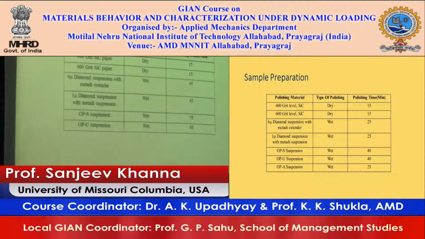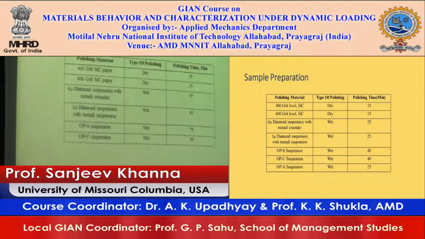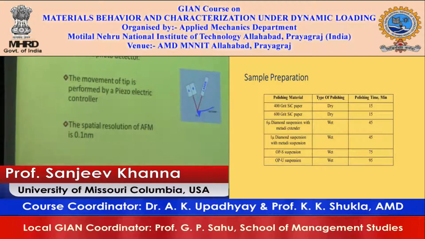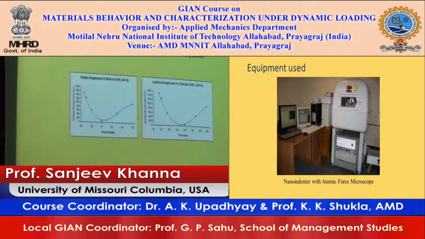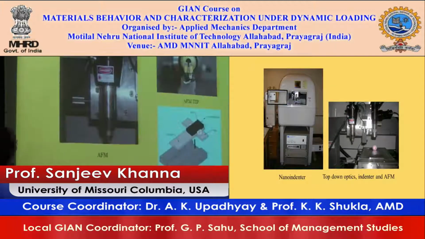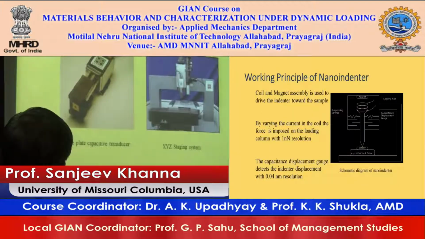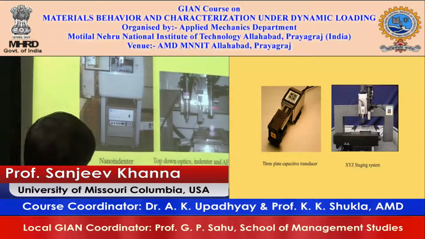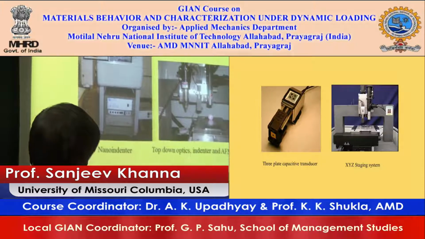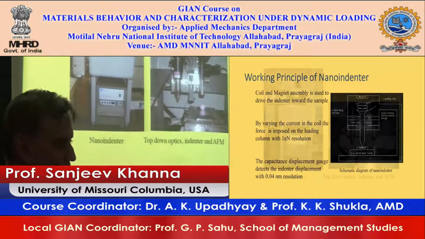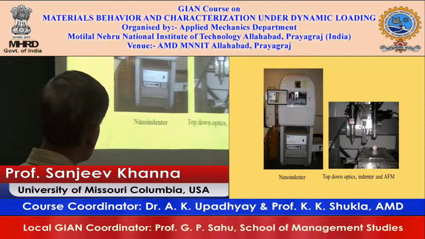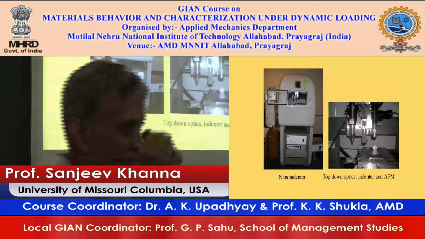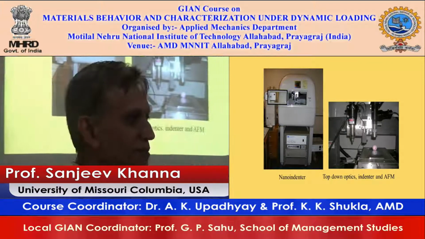I'm going to skip the nano indenter part of it. You can take a look at that. Or maybe let me go back. So the nano indenter, this is what it looks like. This is just a microscope to look at the sample surface. This one here is the nano indenter, which has that very fine tip.